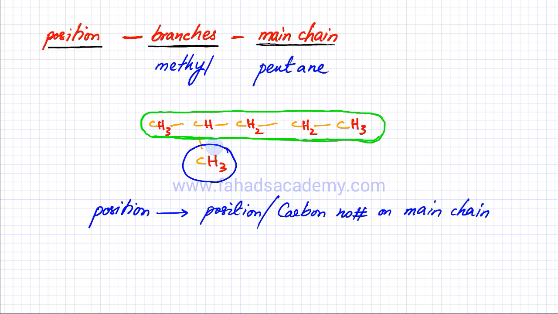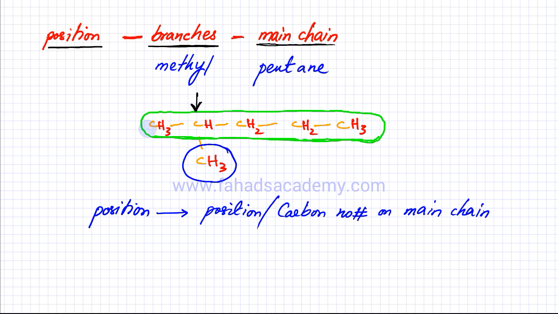So this alkyl group is attached to this carbon atom over here. I'm marking that with an arrow, and I need to give the position of that carbon atom on the main chain. So there are two things I can do. I can start counting the number of carbon atoms.